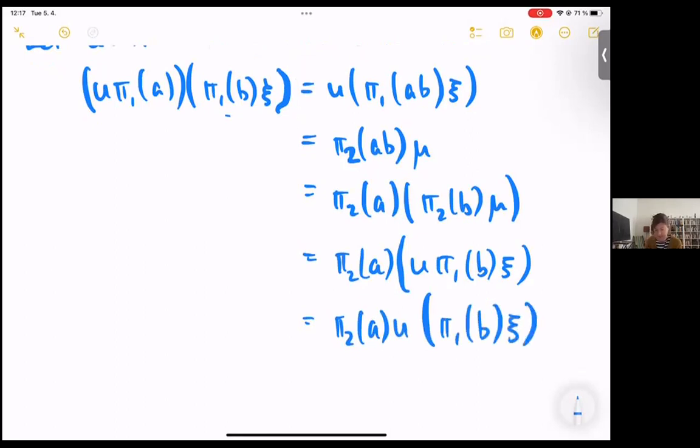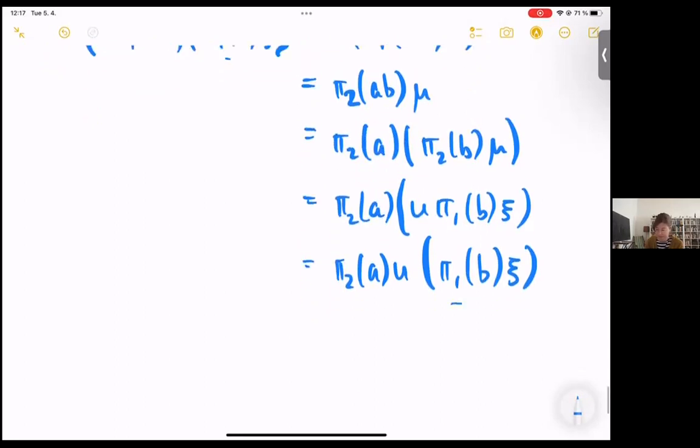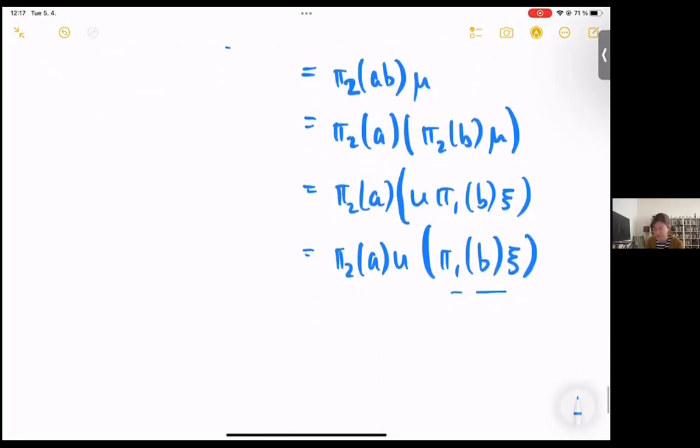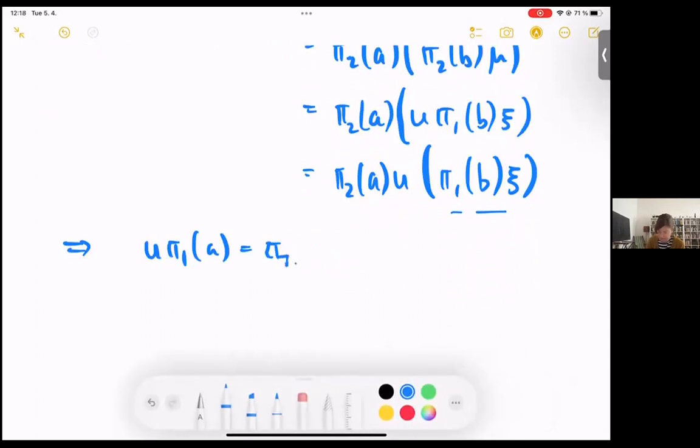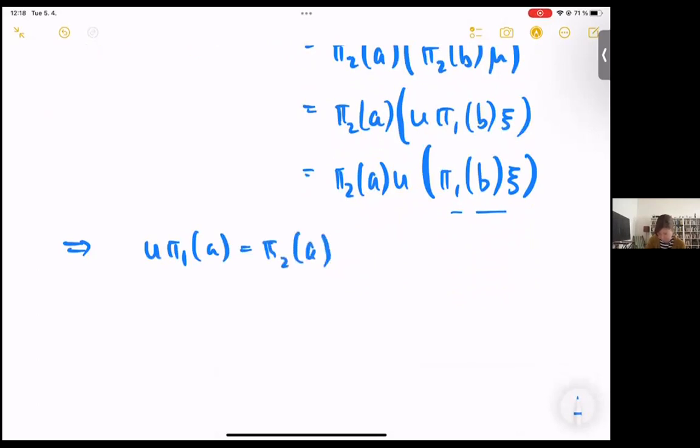And again, since these elements pi 1 b psi are dense in our Hilbert space H1, we get that u pi 1 a equals pi 2 a u.